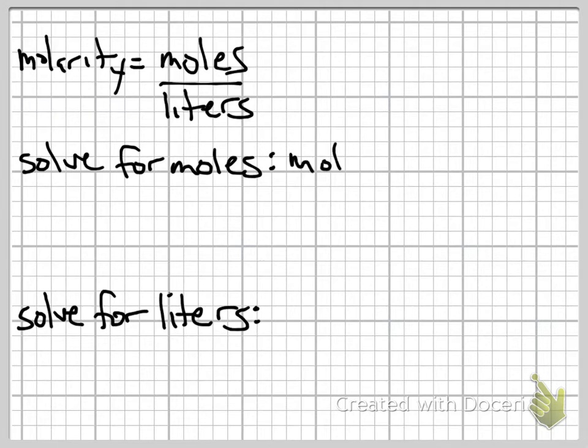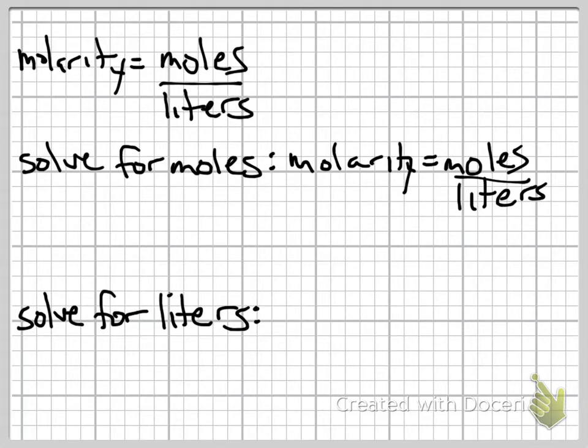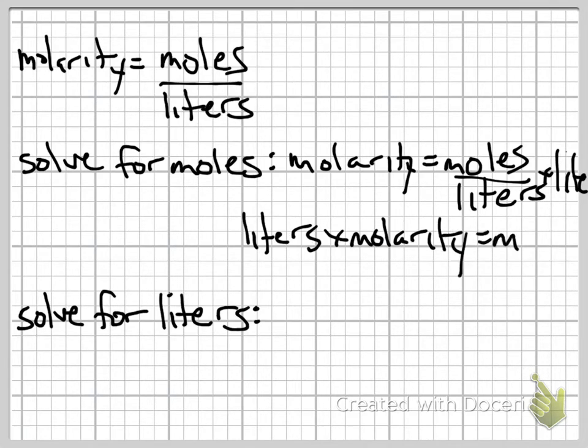So molarity is equal to moles divided by liters. Now, in order to do this, we're going to need to get moles by itself. So we're going to multiply by liters on both sides. And we're going to end up with liters times molarity is equal to moles.